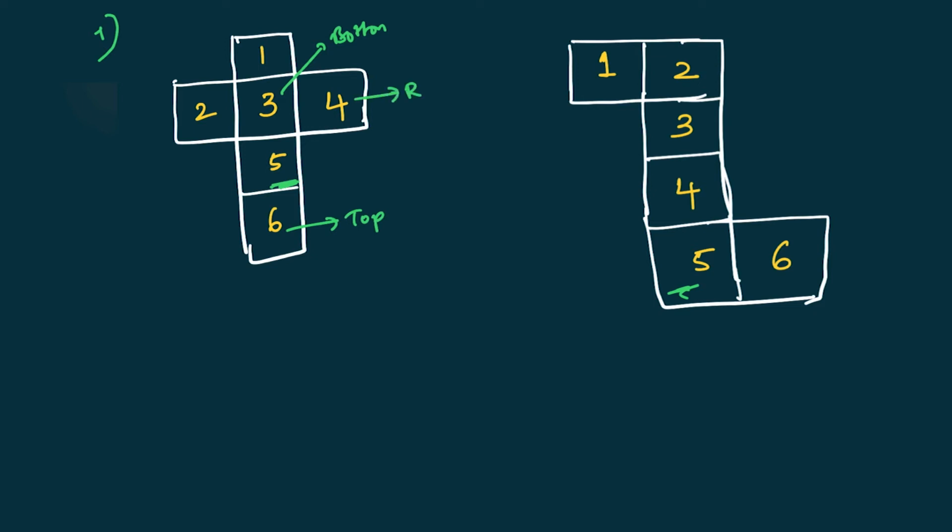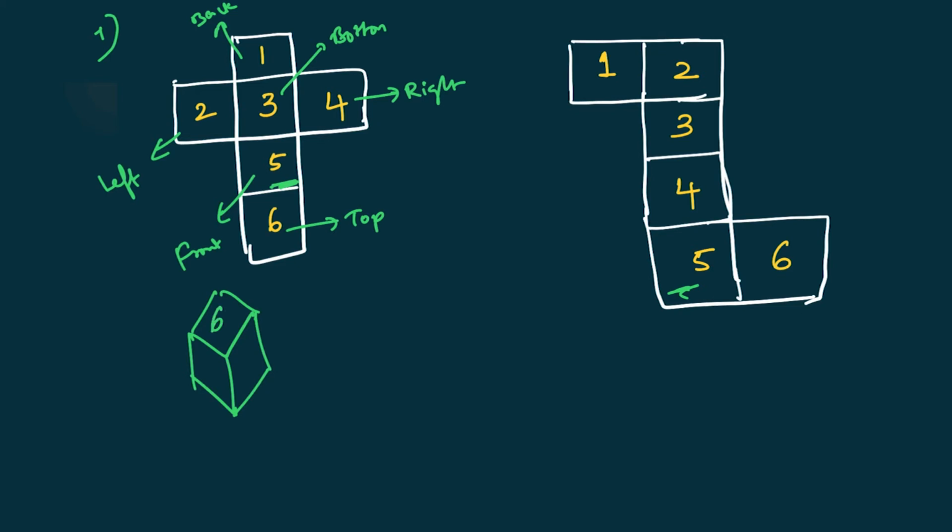If this is right and this forms the left portion, this forms the front portion and this forms the back portion, can you imagine the dice? Then your dice looks this way.